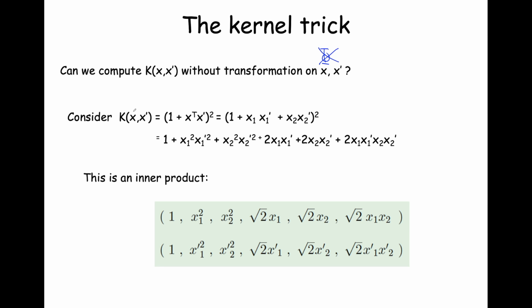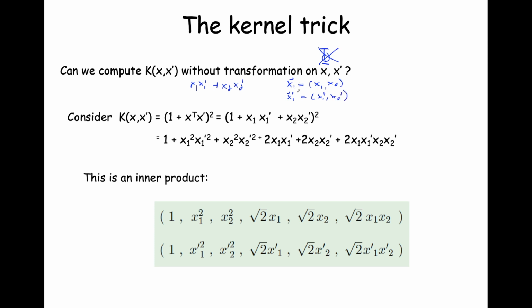So let's consider the following function K on x and x prime: 1 plus x transpose x prime, quantity squared. Now, if we look at what x transpose x prime is, we're just taking our x, which is x1, x2, and we're taking x prime, which is x1 prime, x2 prime.